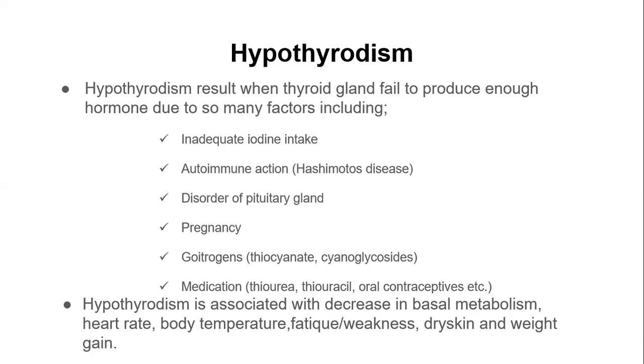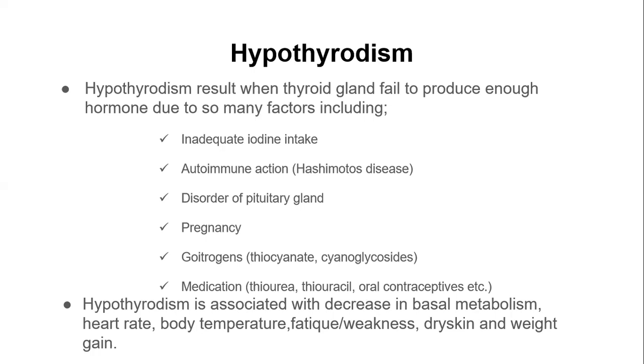We also have the case of pregnancy, where one major hormone, HCG, human chorionic gonadotropin, is involved, and this hormone may cause an overactivity of the thyroid gland, and this can cause enlargement. We also have cases of goitrogens, where your food contains iodine, but at the same time you are taking some food that contains goitrogens.